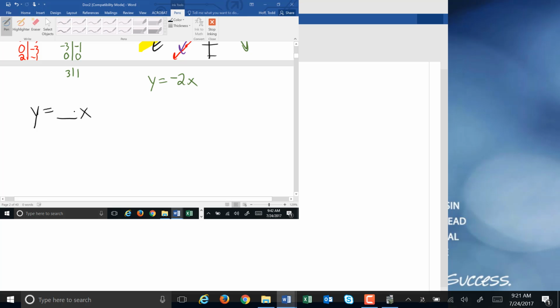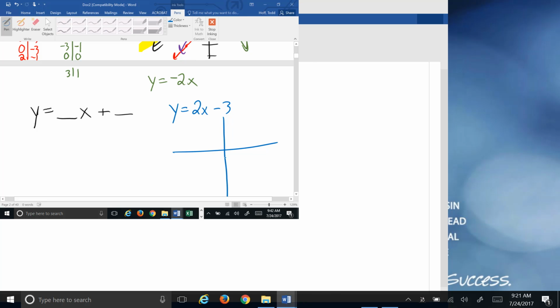Okay, there's a number that multiplies the x, and there's a number that's added or subtracted to the x. So let's say we have an equation here, y equals 2x minus 3. Does this line go through the origin? To the center?